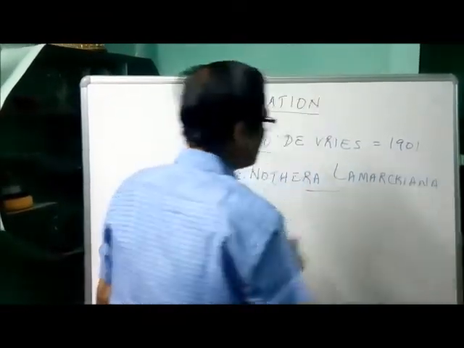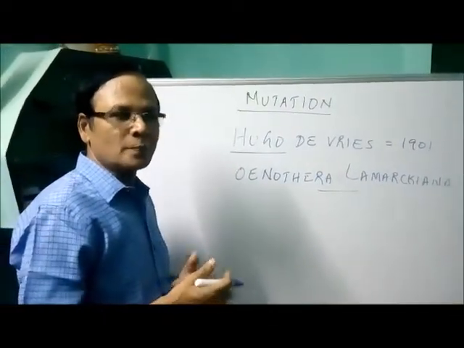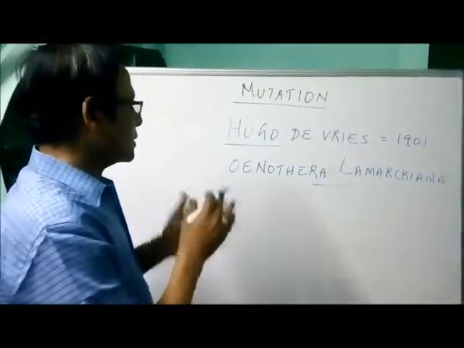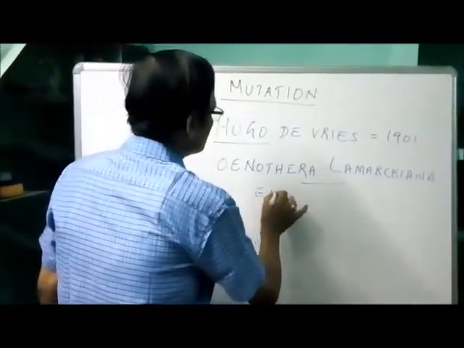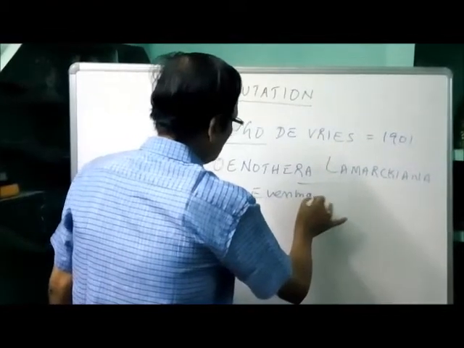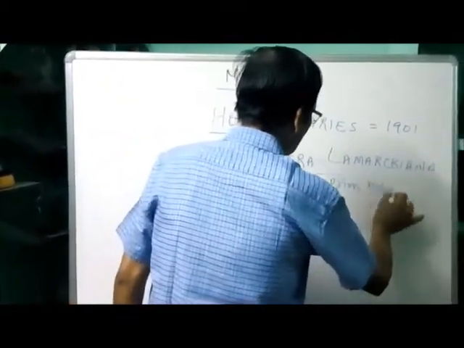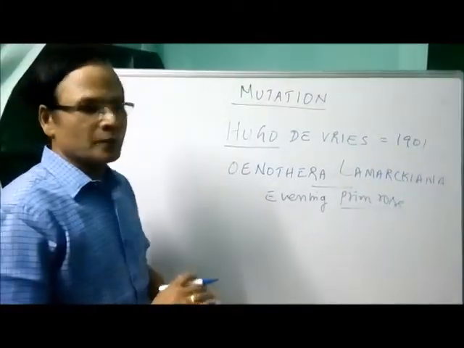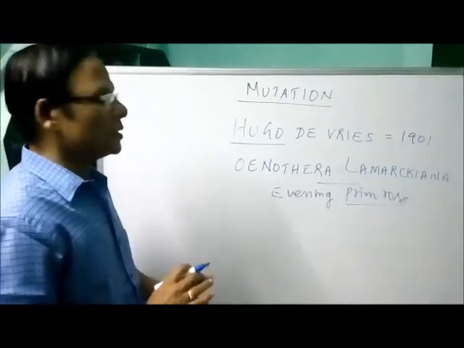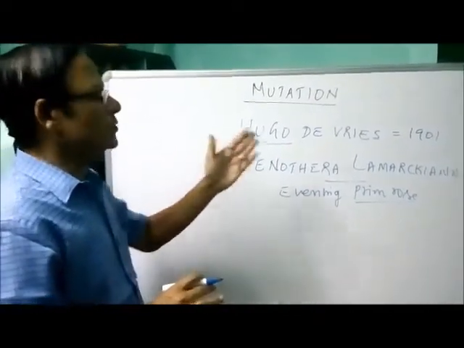This is the name of the plant where he observed some phenotypic changes all of a sudden in a population. Now the common name for this plant is evening primrose. That's the common name. So he observed mutation in that one. Accordingly, he proposed a mutation theory and also coined the term mutation.